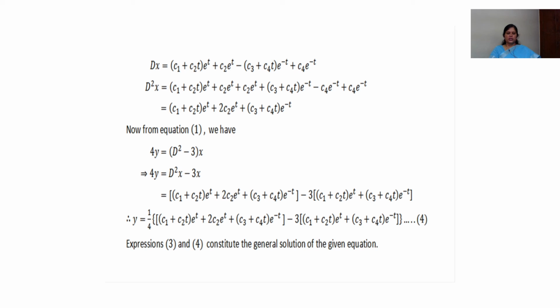Now if you simplify that, we will get y is equal to 1 by 4 into c1 plus c2t into e to the power t plus 2c2 e to the power t plus c3 plus c4 into t e to the power minus t, minus 3 into c1 plus c2 into t e to the power t plus c3 plus c4 into t e to the power minus t. So this is equation 4 that we considered. From the x and y values we can give the general solution of this given equation.